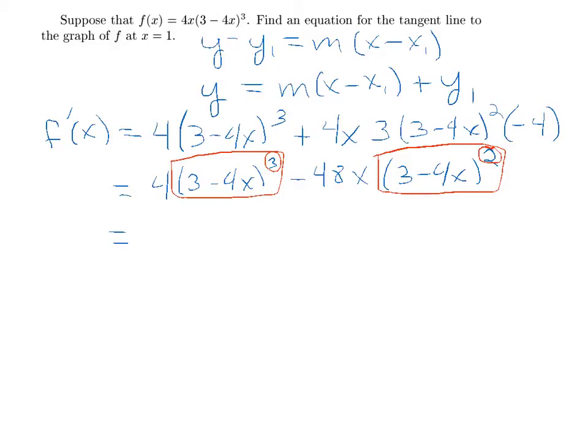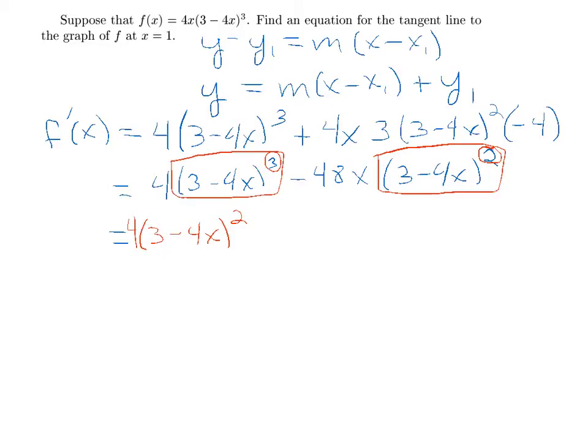And I can also pull out a 4 from this term and a 4 from this term, which would leave me a 12 here. Okay, so let's simplify this a little bit. Alright. Oops, and I can pull out a 4, I said. Alright.